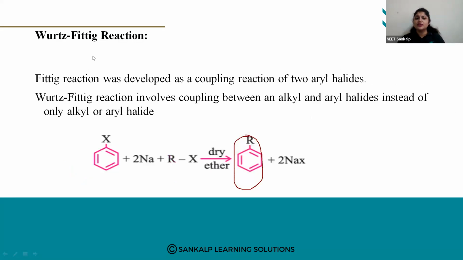Then we discussed the Wurtz-Fittig reaction. The Wurtz-Fittig reaction is another reaction for aryl halides. Here you can see one aryl halide is taken and one alkyl halide is treated with sodium. So coupling is made between the alkyl halide and aryl halide in the presence of sodium and dry ether, and you obtain an alkyl aryl compound.